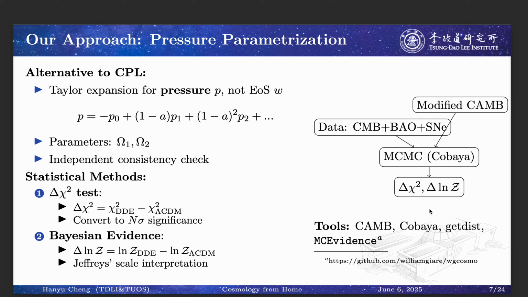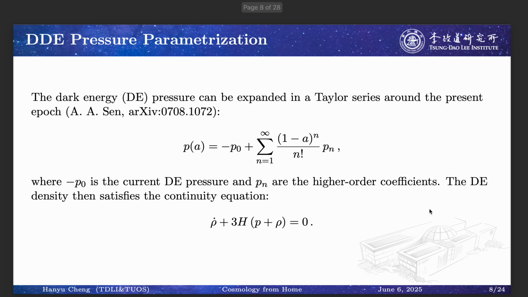And this right is the workflow for the project. We first modify CLASS according to the pressure parameterization, and we use the different datasets and input these into Cobaya to do MCMC runs, and we get the chi-square and the Bayesian evidence.